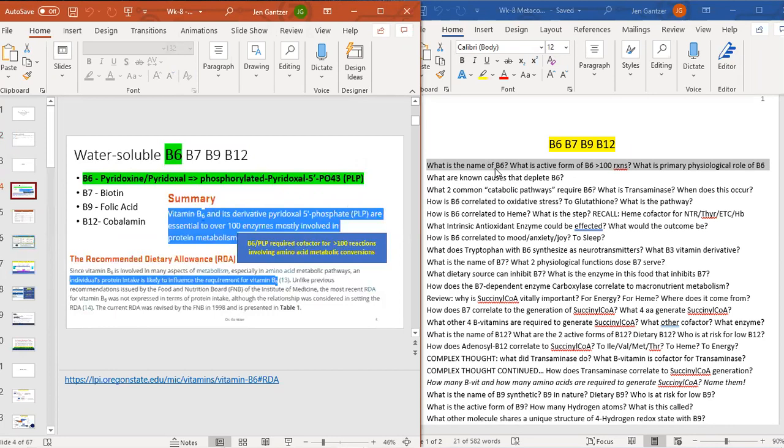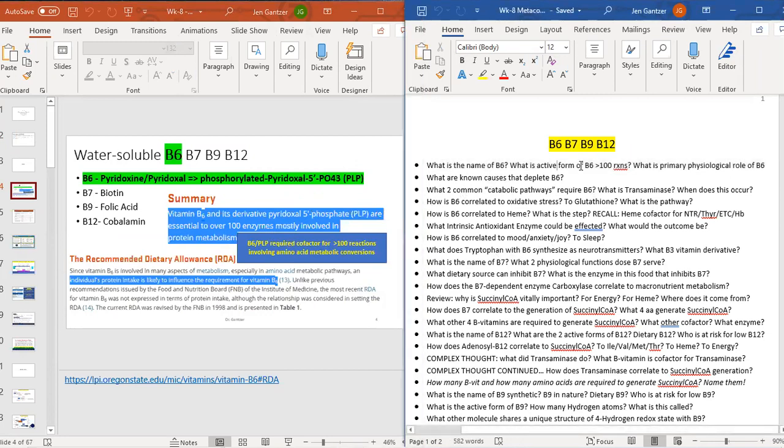So the name of B6 is pyridoxal, and the active form is pyridoxal phosphate, known as PLP. One of the primary things that B6 is known for is that it's involved in greater than 100 different reactions, all in amino acid and protein metabolism.